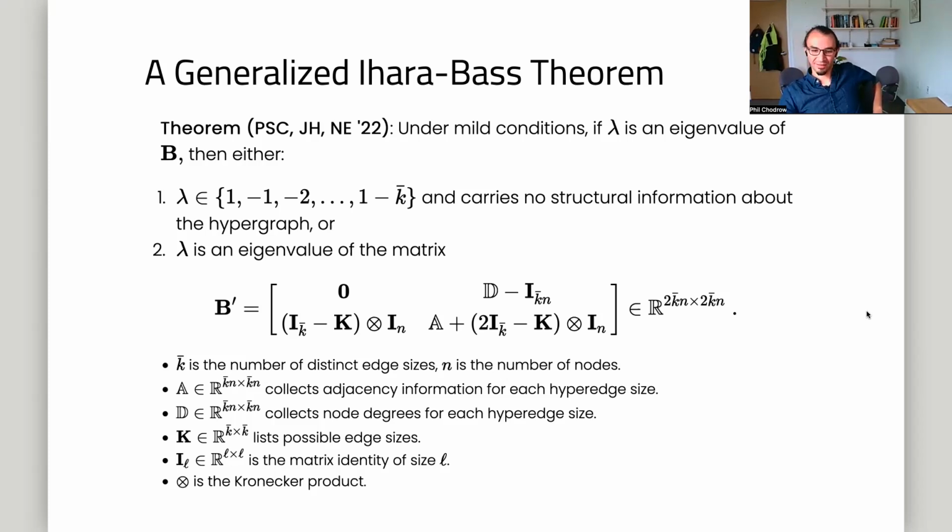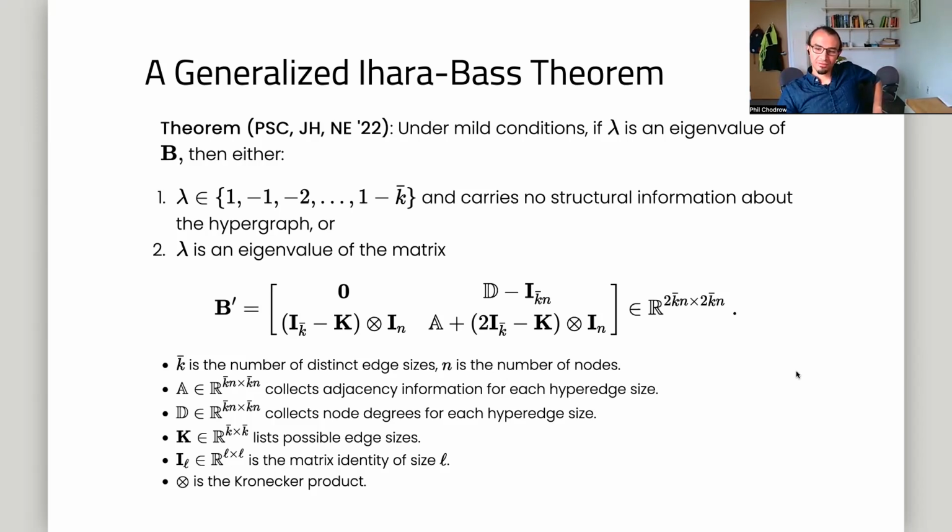K is a little diagonal matrix that lists the possible edge sizes. We have identity matrices and this circled times, the Kronecker product, the tensor product for matrices. So we can actually shrink our matrices down in order to make our computation a little faster. We can still get the same eigenvalues and we can get the same eigenvectors up to some simple transformations.